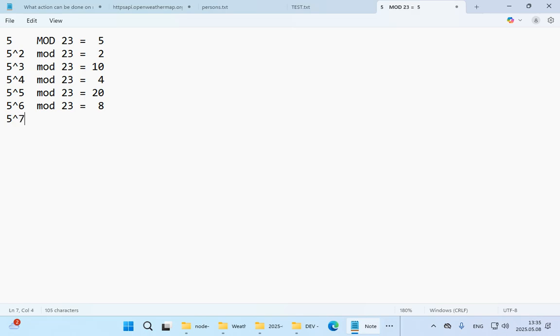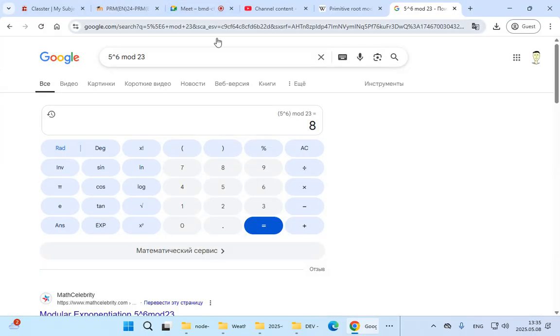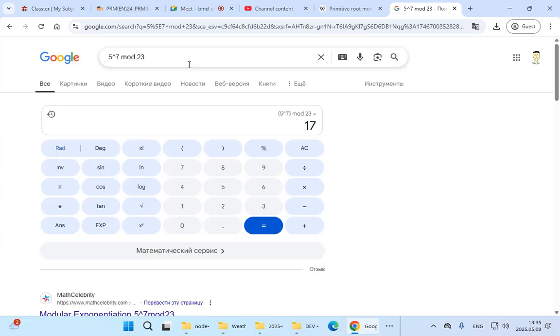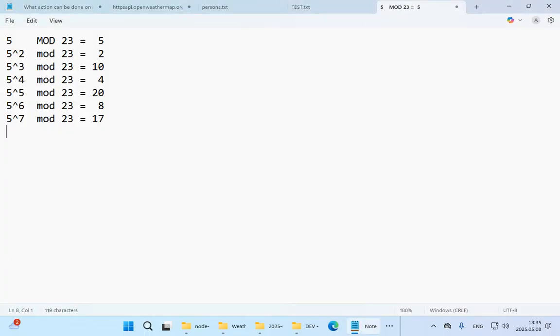Now 5 to the power of 7 mod 23. It cannot be 40. 17? I think 17. Let us check. I also think 17. So here it is 17. Now you started to understand. So what is 5 to the power of 8 mod 23?